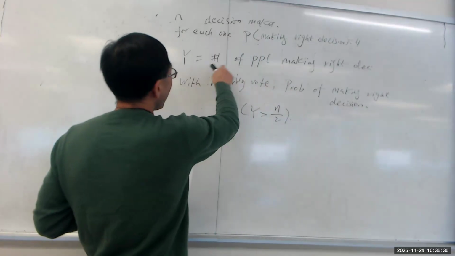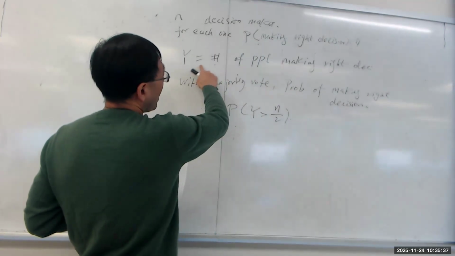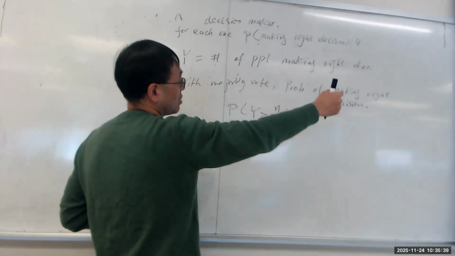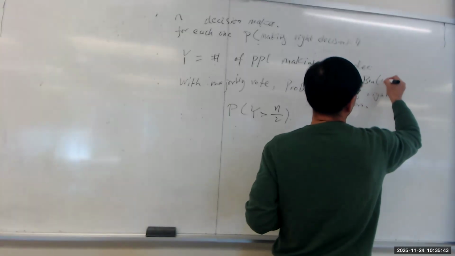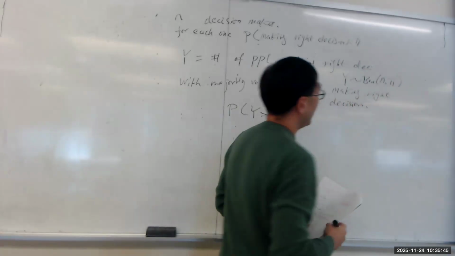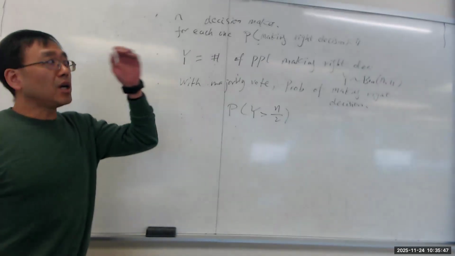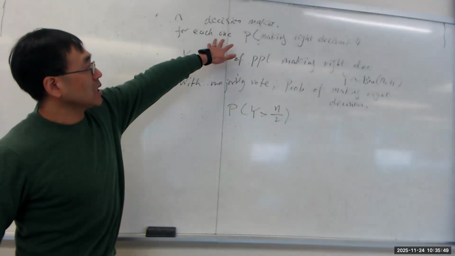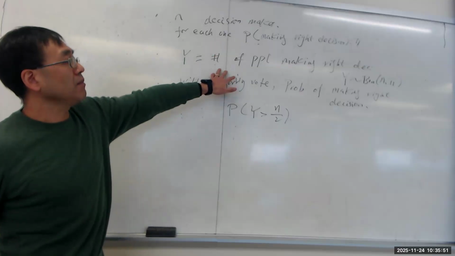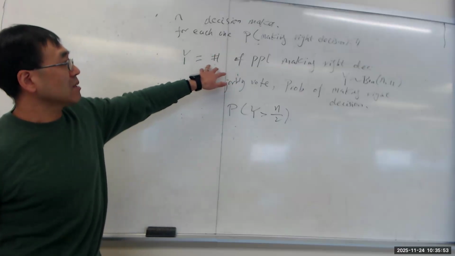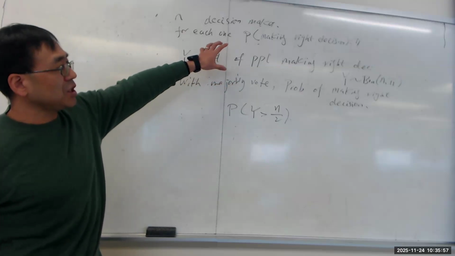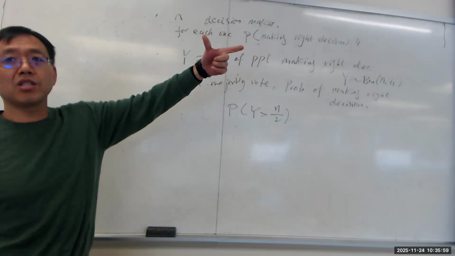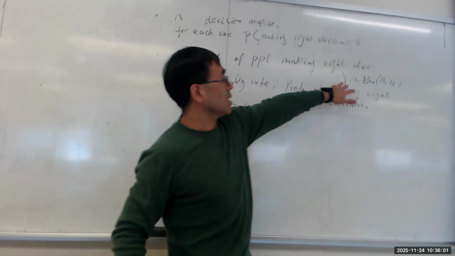So first of all, Y follows a binomial distribution. Why is that? Because each one of them is basically a Bernoulli, right? You have n of them, and each person making the right decision is 1, making the wrong decision is 0. So Y is basically binomial(n, pi).